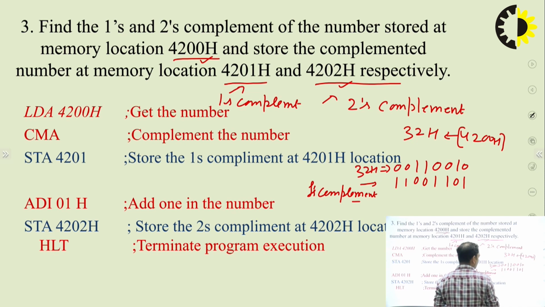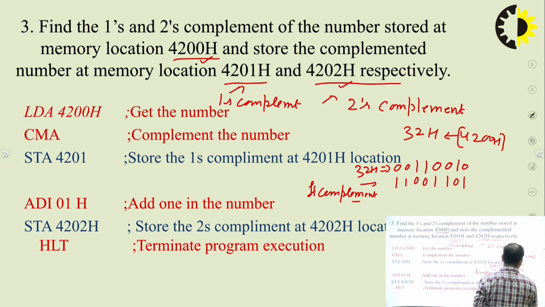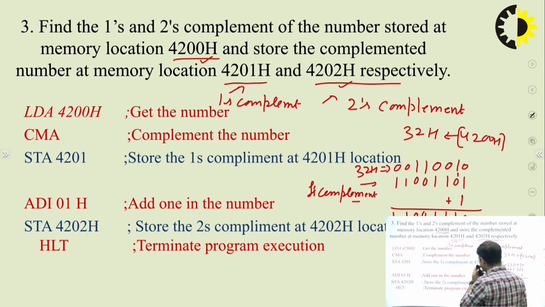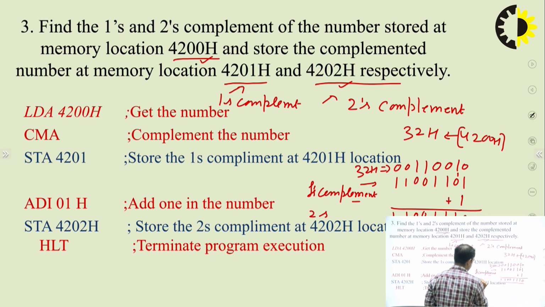Now if I want a 2's complement, simply we add 1. So this value 0, 1 here, 1 here, then 1 1 0 0 1 1. This number is the 2's complement. So what is the concept?